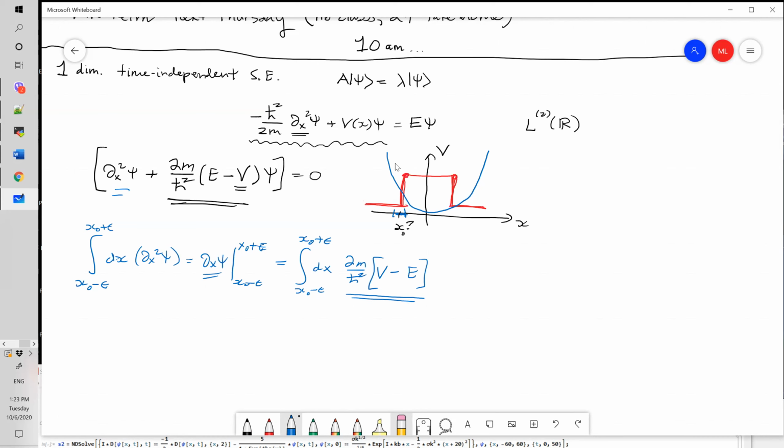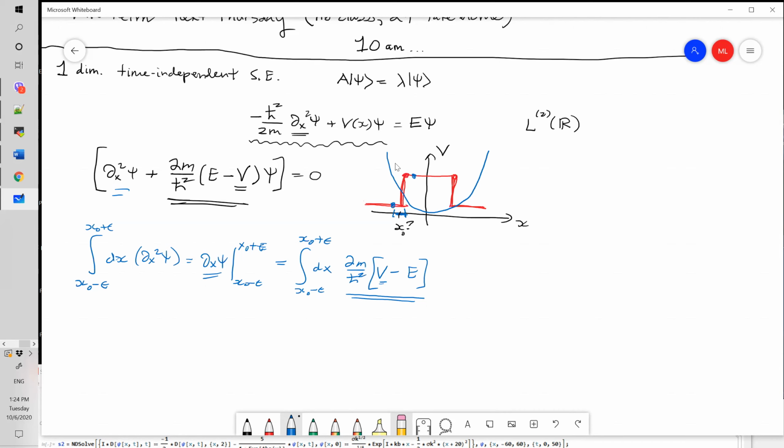So what happens is that this V will change from this value to this value across the jump. And so we just have to be careful that everything works out here.